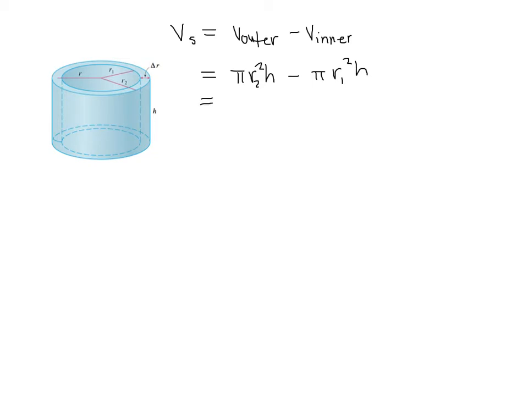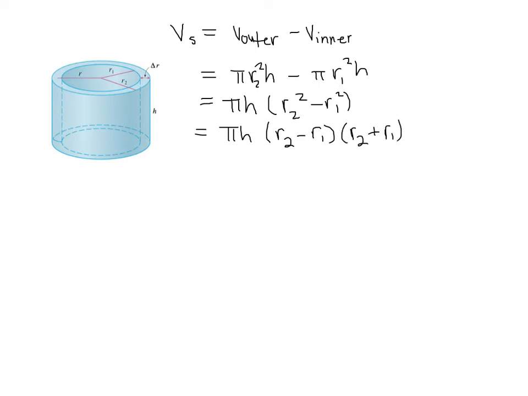If I take out the greatest common factor, pi h, I have pi h times the quantity r2 squared minus r1 squared. I can then factor that into r sub 2 minus r sub 1 times r sub 2 plus r sub 1. Notice that r sub 2 minus r sub 1 is actually delta r, or the change in r.